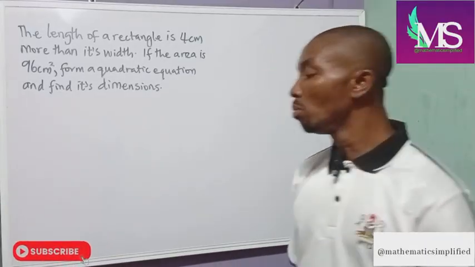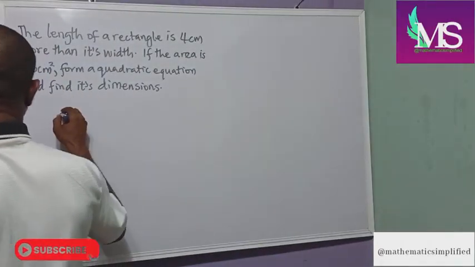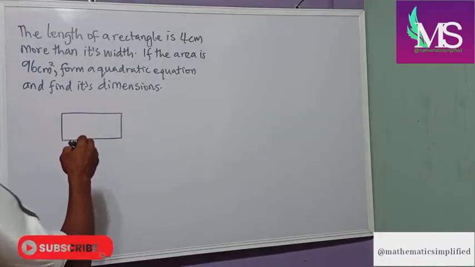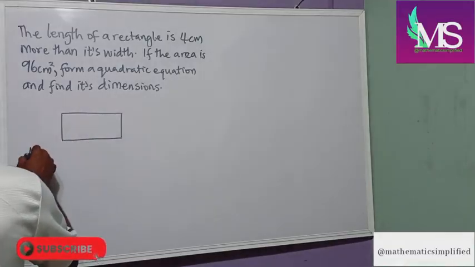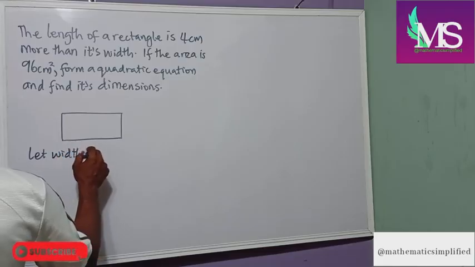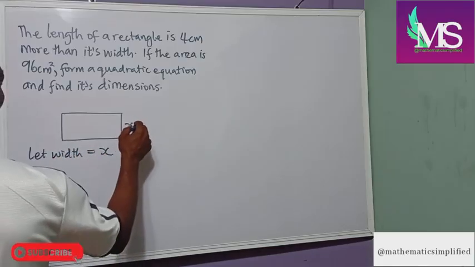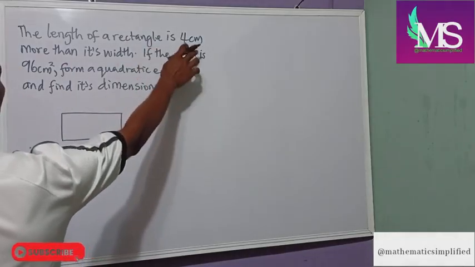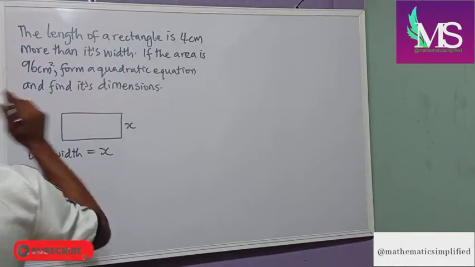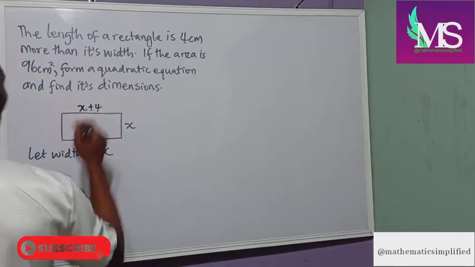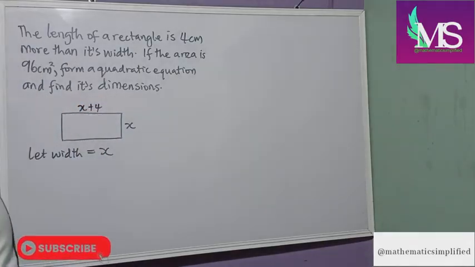Now, if we have a rectangle this way, they said let width equals x. So this is x, and they said our length is 4 cm more than the width. So this becomes x plus 4, which is our length.